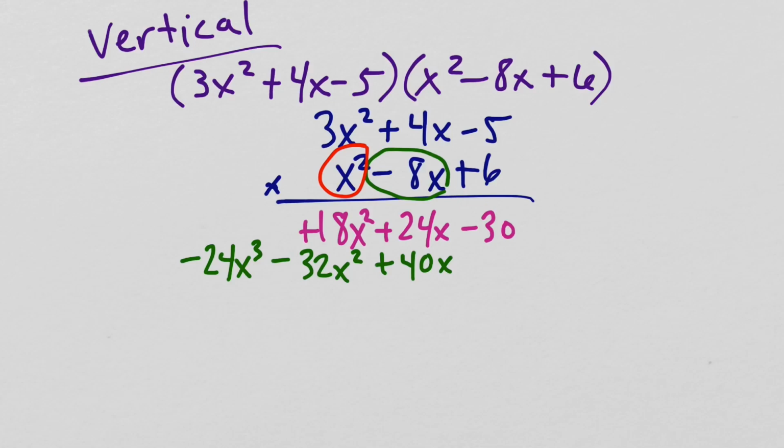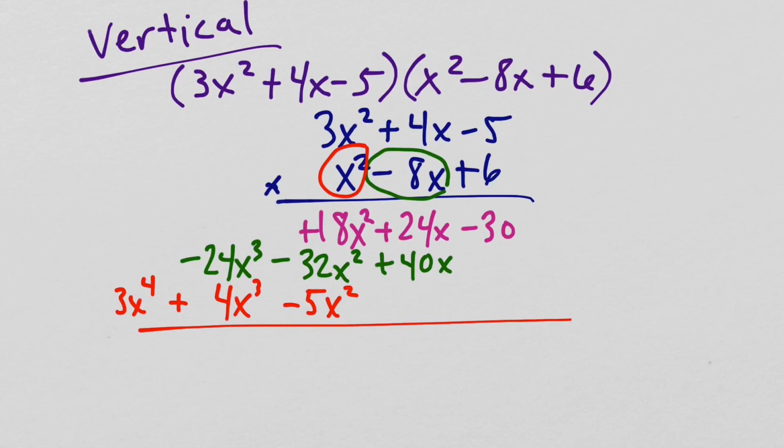So x squared times negative 5 is negative 5x squared, but we put it underneath the other x squareds. X squared times 4 is 4x to the third, and x squared times 3x squared is 3x to the fourth power.